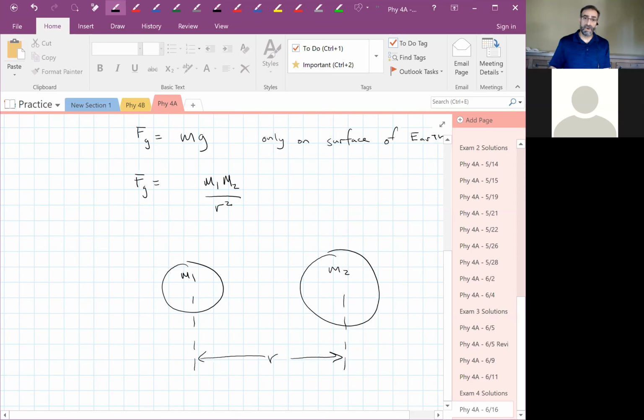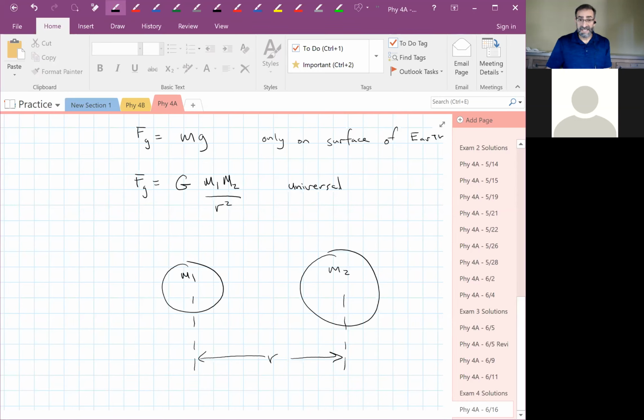Of course, we want an equal sign here, right? So we need a proportionality constant, capital G. So this is our universal law. It means it works anywhere. Any two masses, anywhere, this holds true.